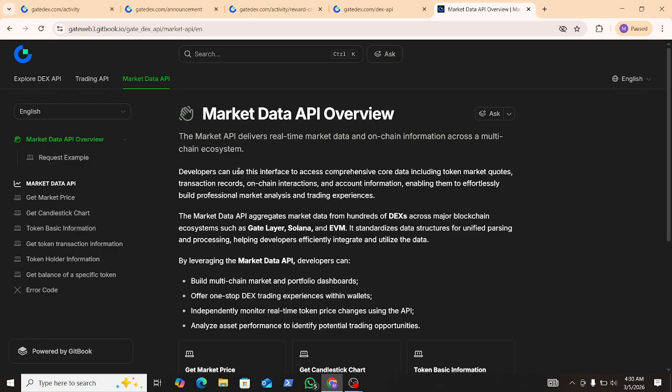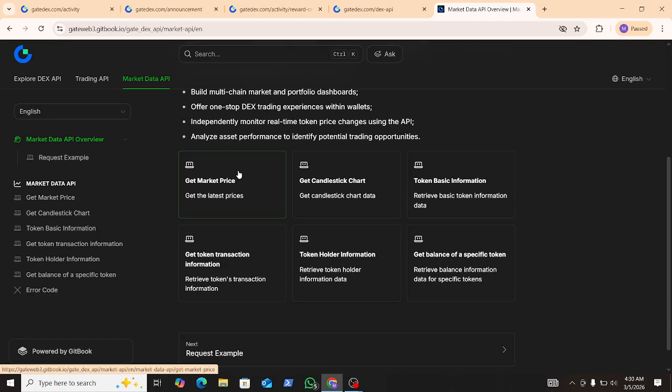By leveraging the market data API, developers can build multi-chain market and portfolio dashboards, offer a one-step DEX trading experience within wallets, independently monitor real-time token price changes using the API, and analyze asset performance to identify potential trading opportunities.